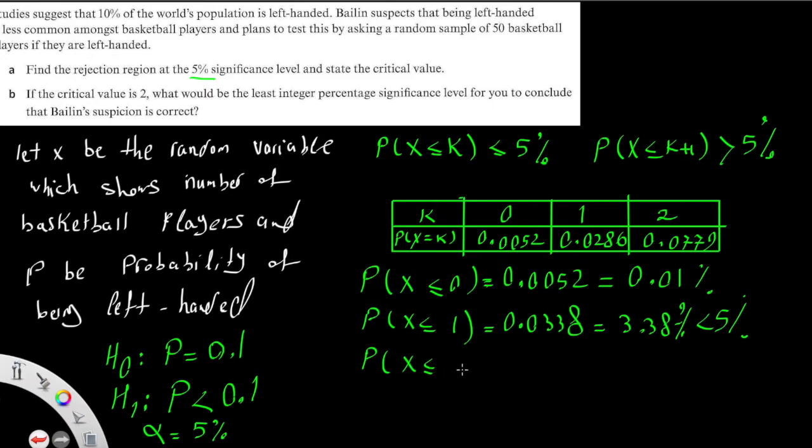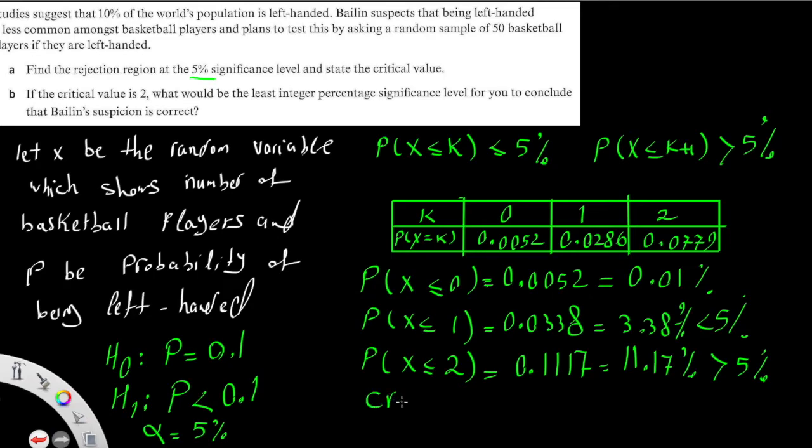Probability of less or equal to 2 will be equal to 0.1117, which is 11.17%, which is more than 5%. So before 1 you are in rejection region, and after 1 you are in acceptance region.